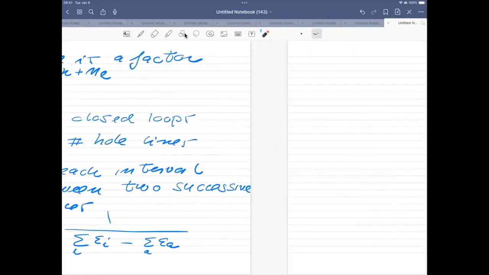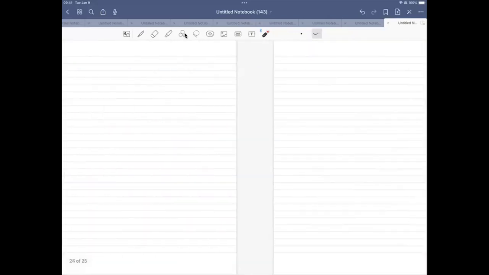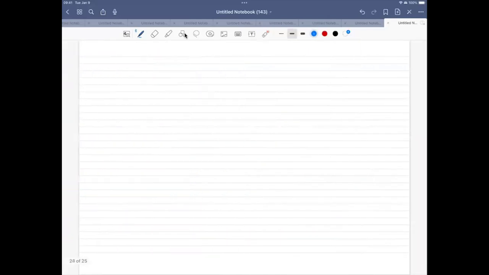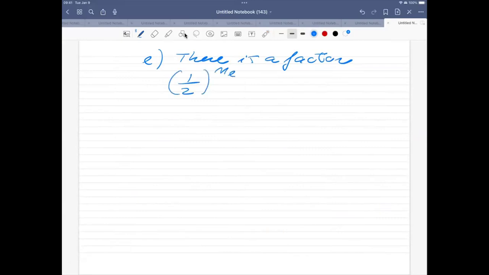Then there is an additional rule, which we are going to set up here. So there's a rule E, which says that there is a factor, and we are going to derive that one a little bit later. So there is a factor of 1/2 to the power of the number of equivalent lines or pairs which start at the same vertex and end at the same vertex.